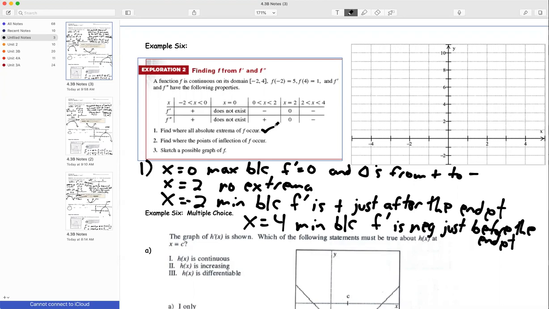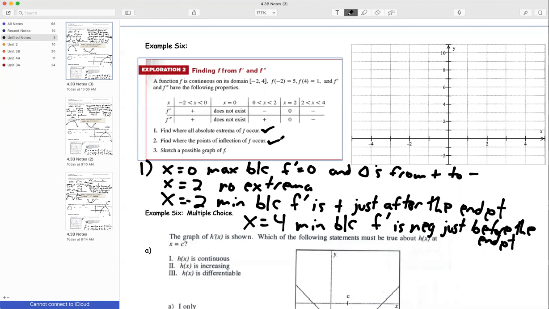Part 2 says find where the points of inflection occur. And so how do I do that? I don't have a graph because that's what I'm going to sketch. So a point of inflection is where the concavity changes. But how do I tell that from just this information?